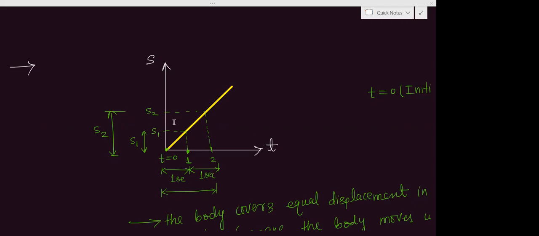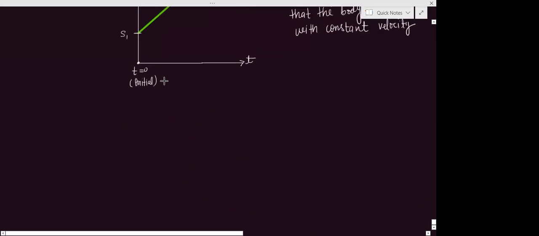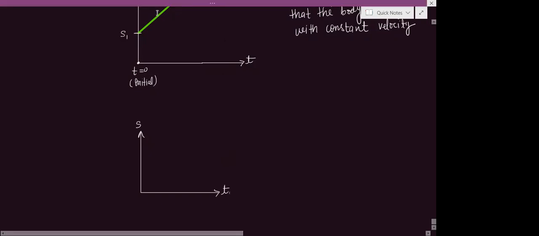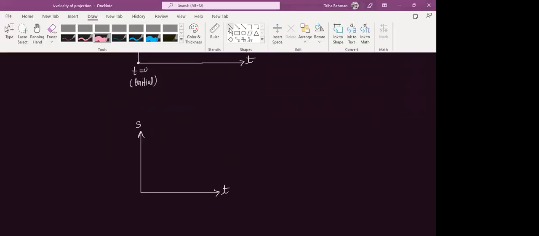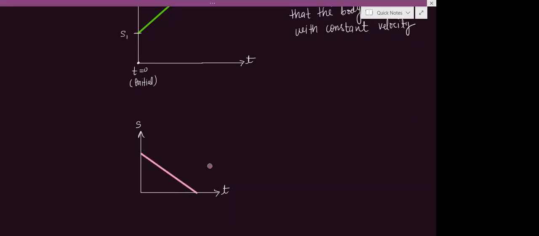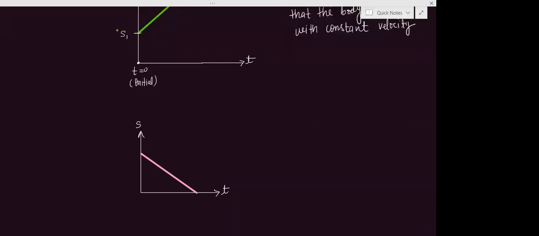So there is another graph here. This graph is also between displacement and time. And if the graph is like this, I will tell you one more thing about the graph.